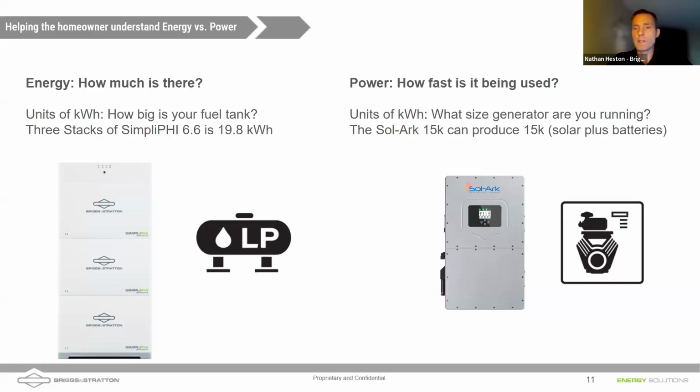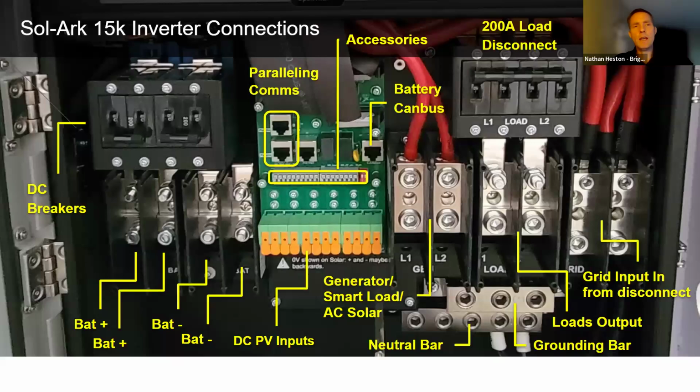And so in many ways, the inverter is like the engine of a generator system, or maybe the alternator, really. And the fuel tank is very similar to the battery. So I like this analogy. I think it helps most customers who are quite used to fuel tanks in cars and engines to understand what a battery and an inverter are.